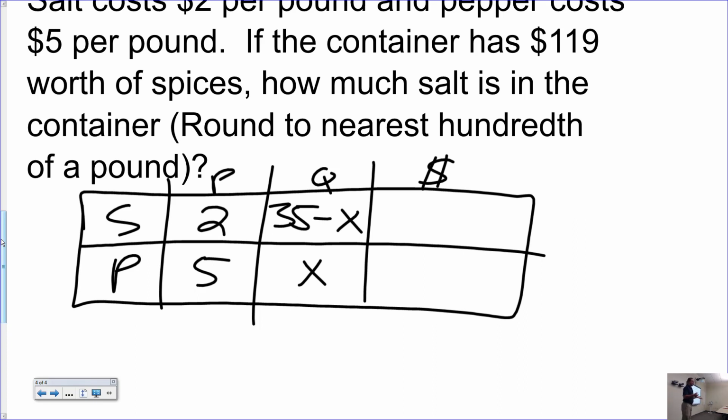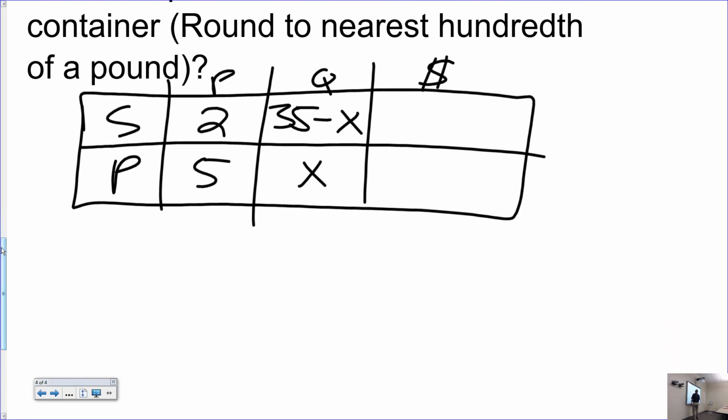Figuring out the money? Same as before, right? Multiply. Again, remember, there's parentheses. 2 times 35 is 70.